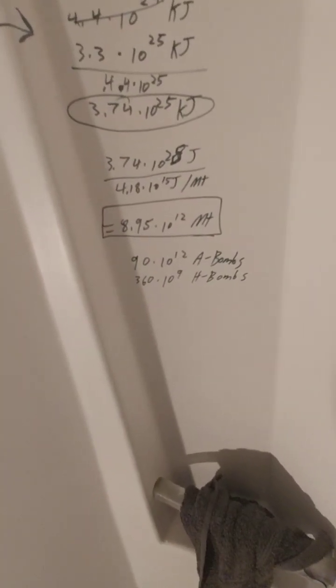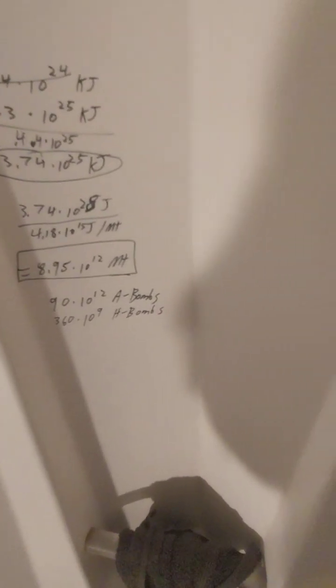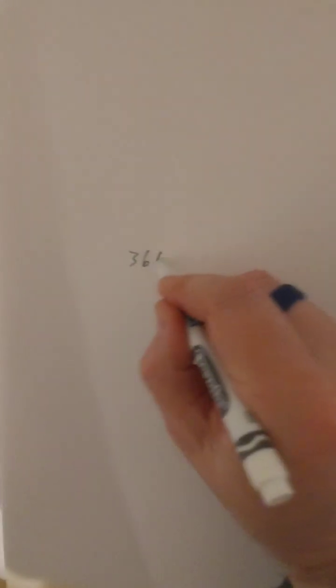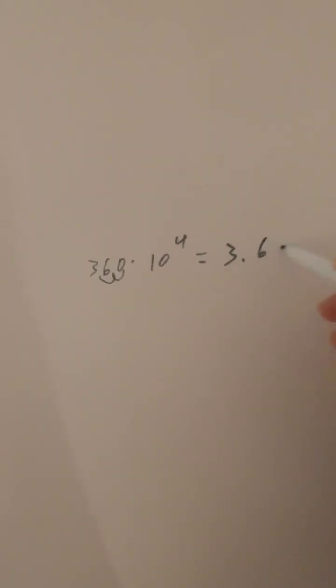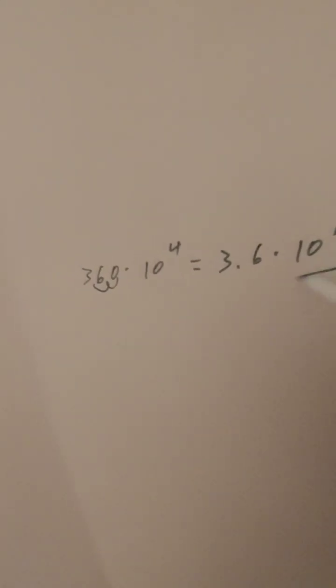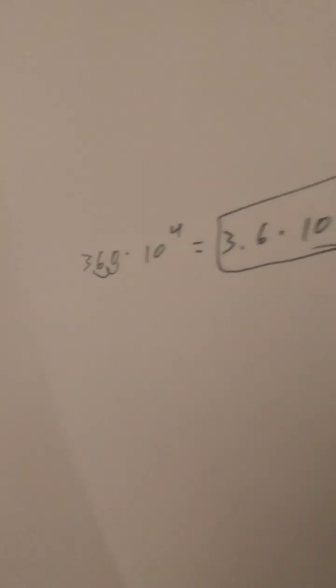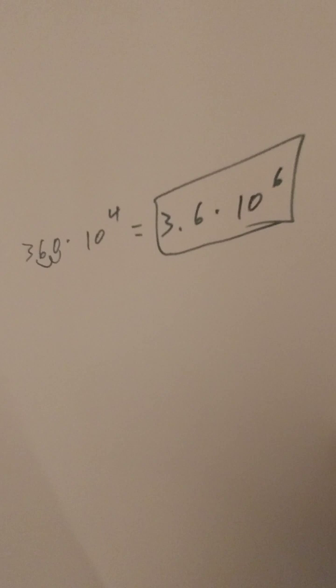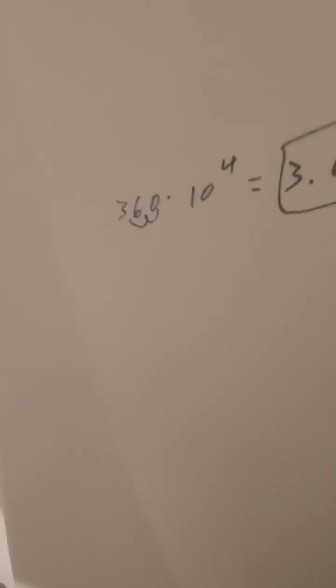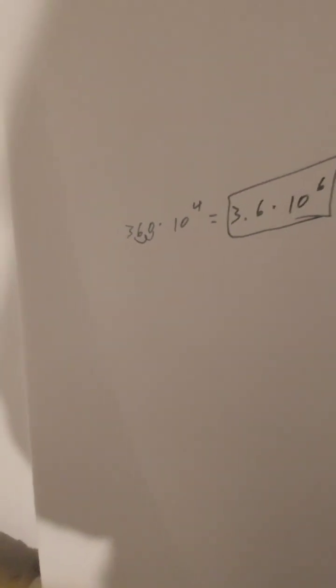So we would need something like 360 times 10 to the 4th, which is the decimal place over, 3.6 times 10 to the 6th. We would need something like 3 million times as many hydrogen bombs as actually exist on this planet.